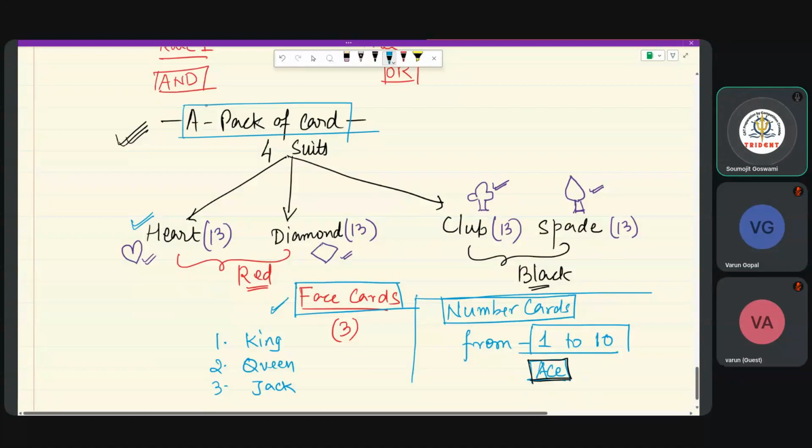This is the 52-card deck; everybody has a playing card set at home. Just take the playing cards, scramble them, and see whatever is over there. I hope you have understood all the nuances of a pack of cards. Now let's design a question to understand the fundamental rule. If you want to take a screenshot, maybe take a screenshot.